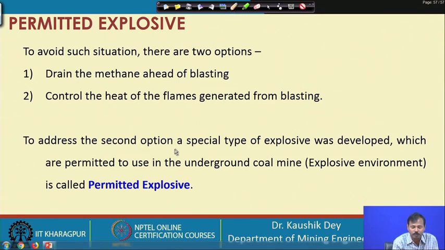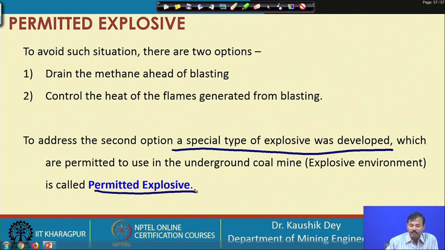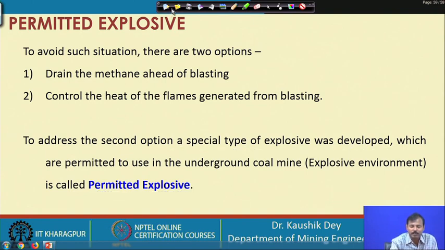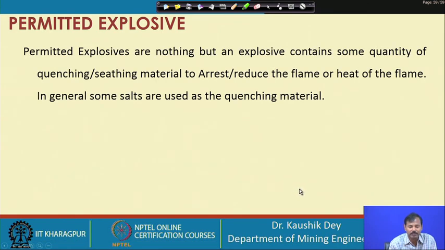special type of explosive was developed, which is called permitted explosive. What is this permitted explosive? These permitted explosives are the explosives which are allowed to be used in underground coal mines, that is, in the explosive environment. But the problem is how we define these as permitted explosives. So, let us see what is there in the permitted explosive.